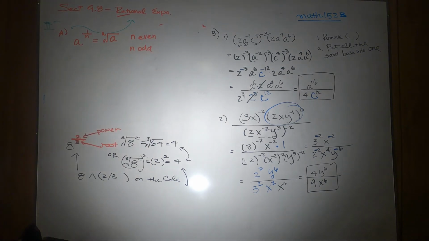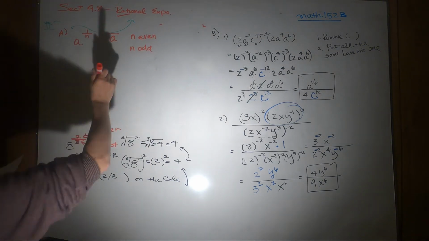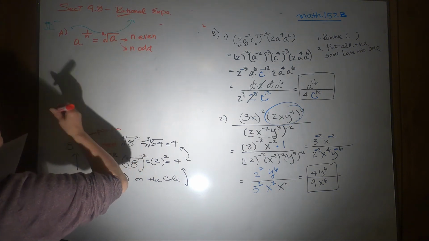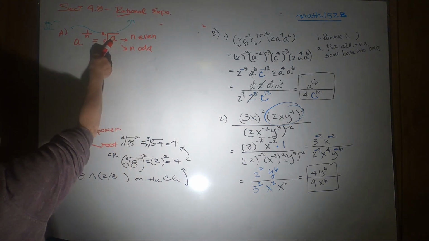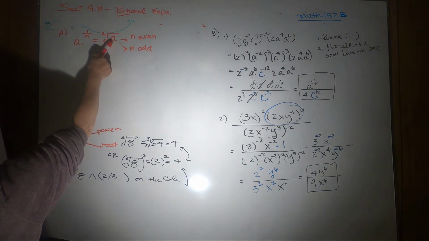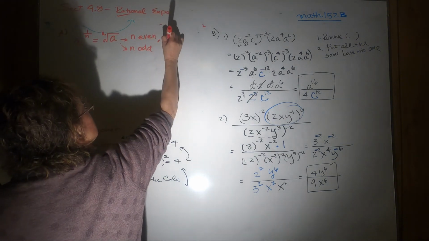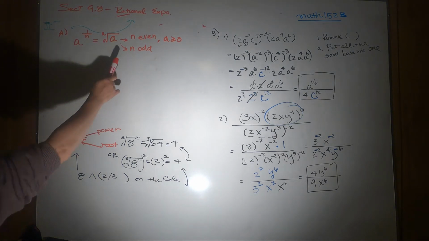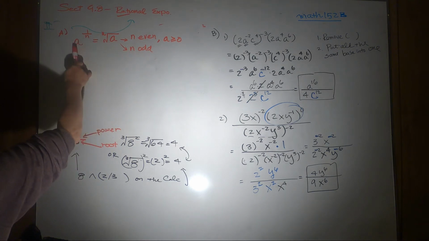Even root and odd root. But when it's even root, then we have a restriction, because inside of the even root, it has to be what? Positive or 0. Cannot be negative. That would be the restriction for the base.